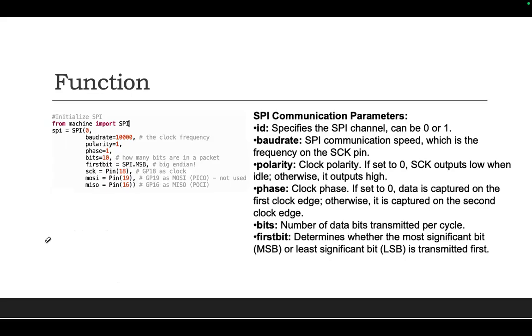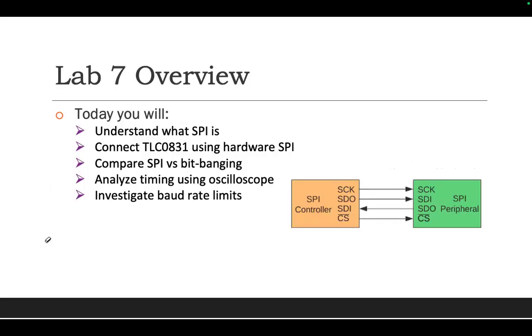I need to put all the functions there, but don't worry about this. I have already given you the code for this lab, and you need to pay attention to how to use different functions and different configurations. Any questions so far?